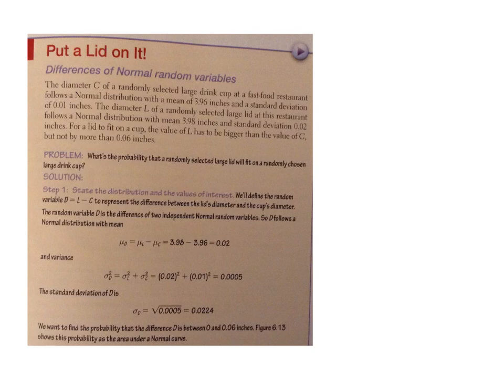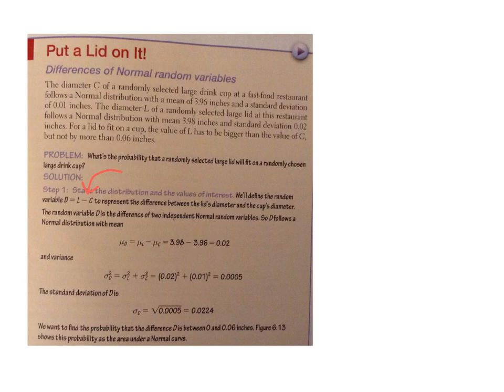So let's look at step 1, stating the distribution and values of interest. My random variable here, D, is going to be the lid minus the cup size. So the size of the lid minus the cup represents the difference between the diameter of the lid and the diameter of the cup.